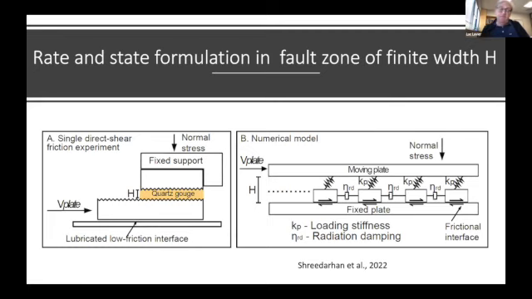So the experiments in the lab were done by Sri Sharan and Chris Maron. And that's the panel on the left here, the very simple experiment. There is a fixed support, a quartz gouge, I will give you more details after. And deformation is driven by a plate, so this is driven simply by two rigid blocks, okay?